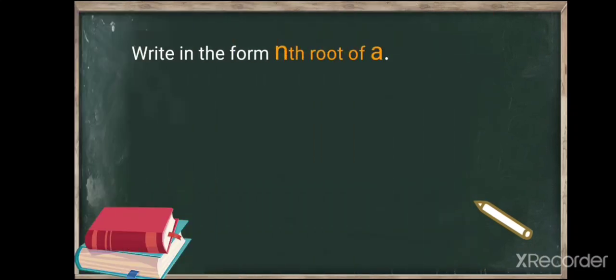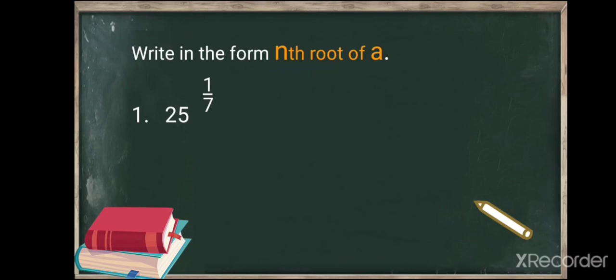Next question, write in the form nth root of a. Here a is the base and n is the index value. First question, 25 raised to 1 upon 7. So we will first write down this nth root.